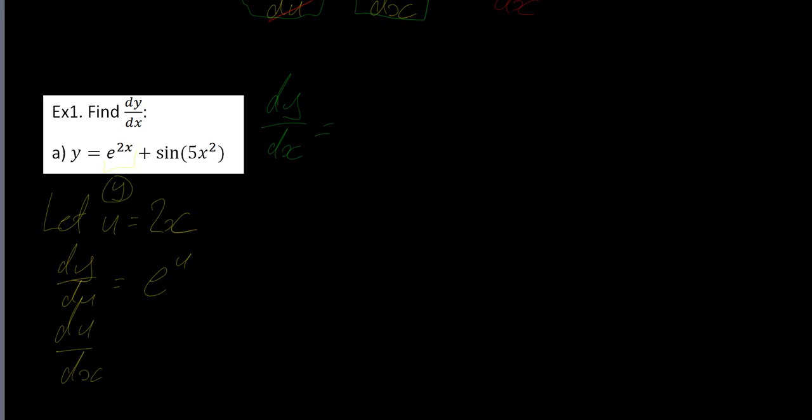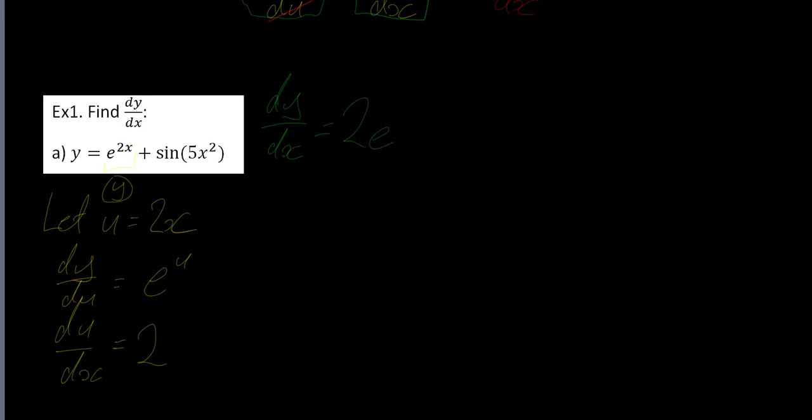So derivative of u with respect to x, we can see that from up here. So if u is the subject here, we want to find the derivative with respect to x. Derivative of 2x is just 2. So you can see over here that your first derivative, this first term, is just 2 multiplied by e to the power of u.